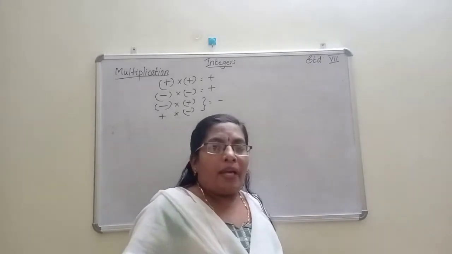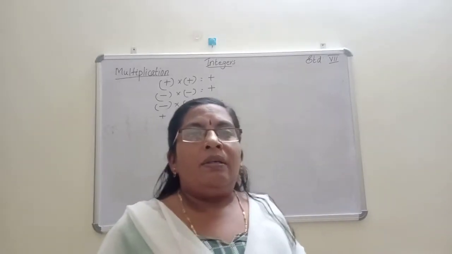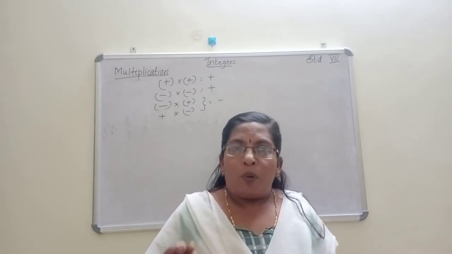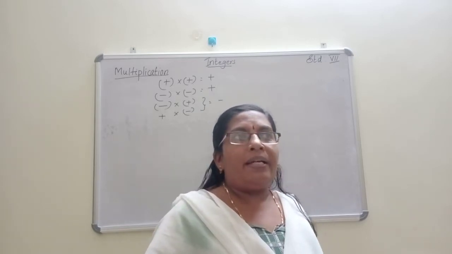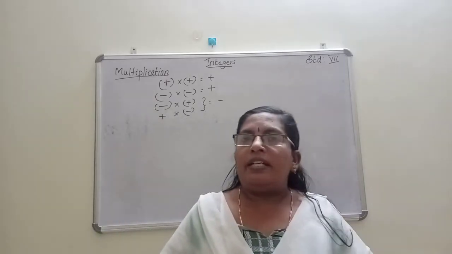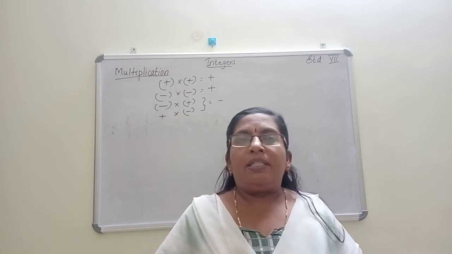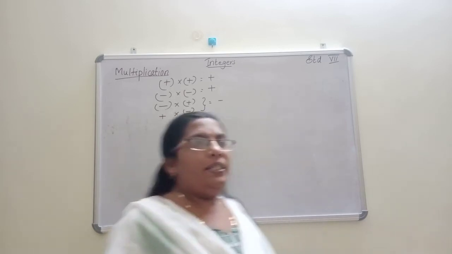When we multiply an even number of negative integers, it gives a positive integer, and the product of an odd number of negative integers gives a negative integer.